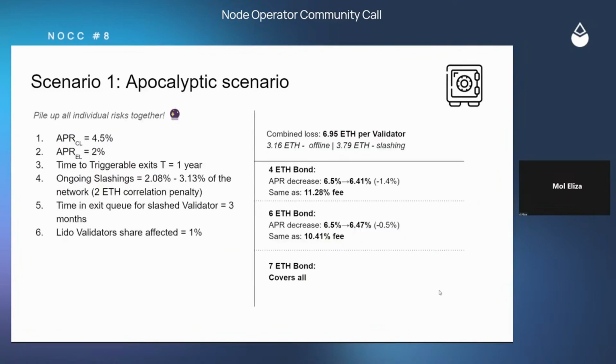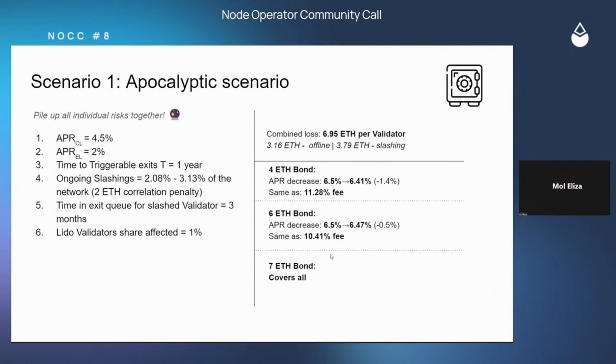So again, this is a framework that could provide you the instruments for evaluating this type of combined risks. The first one is the apocalyptic scenario, when all of the risks come together with a risk-averse approach on each of the assumptions. It's again assumptions on APR, on time to triggerable exits, on the possible level of ongoing slashing, and times in the exit queue, and the validators that are affected.